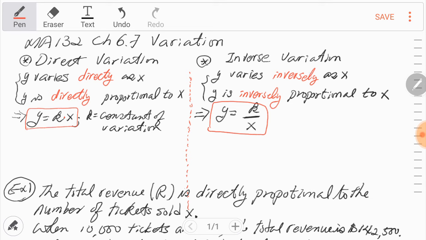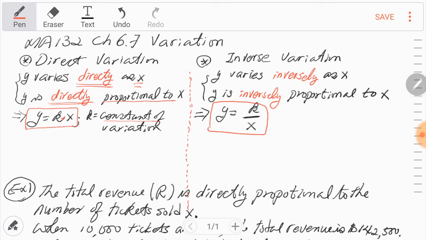Whenever there's a sentence like "y varies directly as x" or "y is directly proportional to x," then we can write an equation y equals k times x, k multiplied by x. This x is the one that follows this. So directly, then multiply k by x, and we call this k the constant of variation.